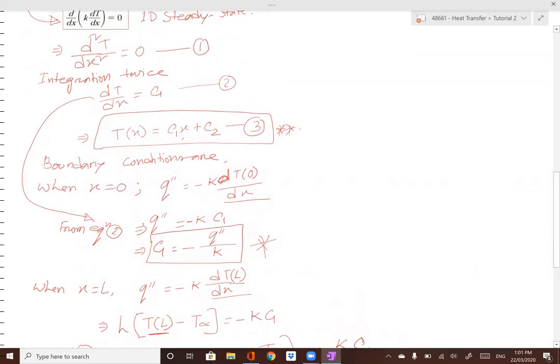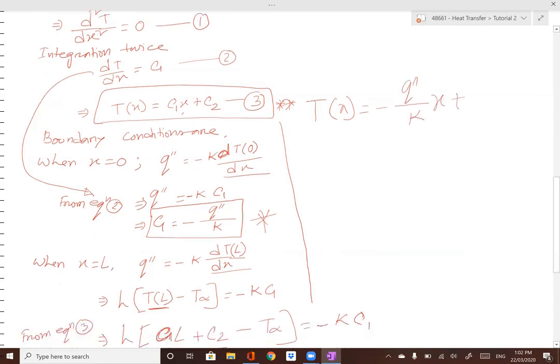So it will become T(x) = C1 x + C2, where C1 is negative heat flux divided by K, then plus C2.